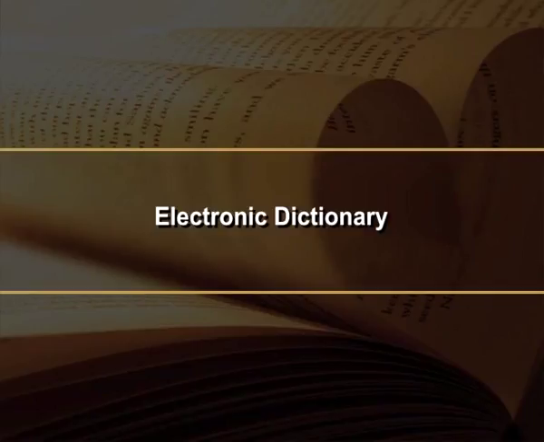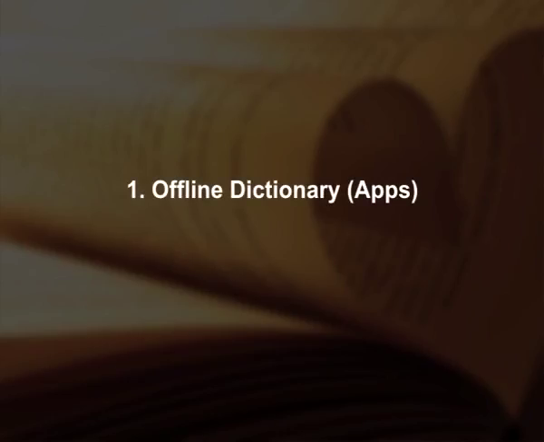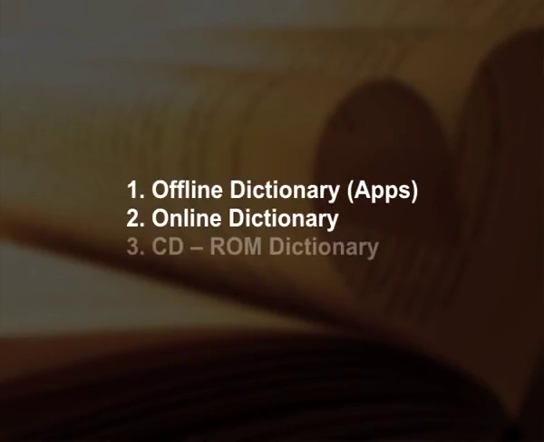Next, Electronic Dictionary. Electronic dictionary is a machine-readable version of a standard dictionary organized alphabetically. The electronic dictionary can be subdivided into 3: offline dictionary, online dictionary, CD-ROM dictionary.